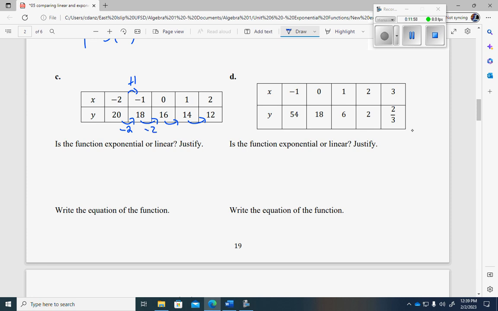And this is going down 2, while this is going up 1. And down 2, while going up 1. Guess what? There's a constant rate of change. It's linear because the constant rate of change is negative 2 over 1, which means I can write y equals negative 2x. Don't forget to look for your y-intercept, plus 16.